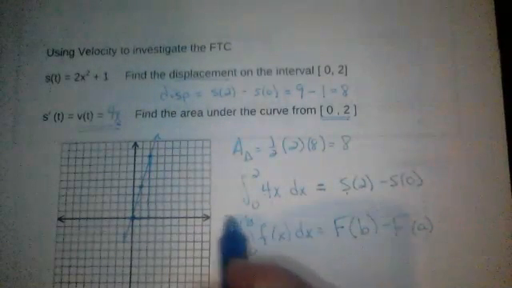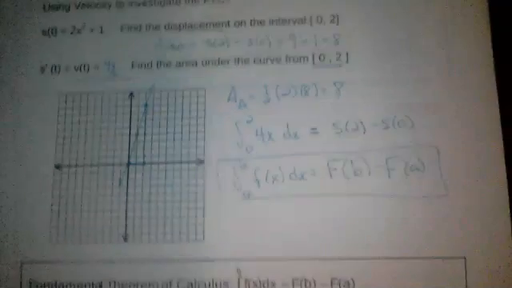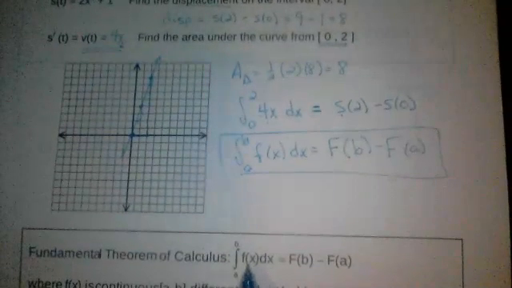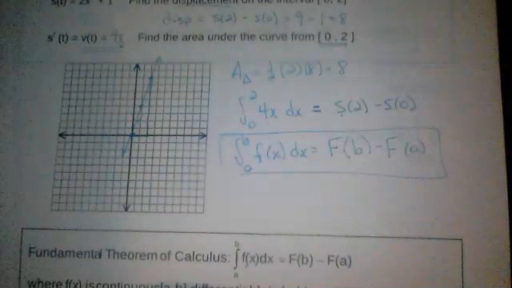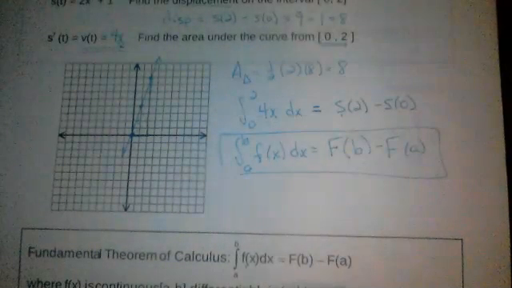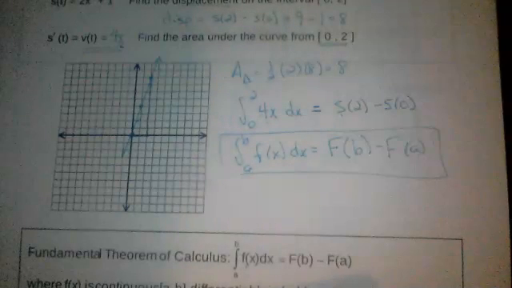So this is our fundamental theorem of calculus. It says that the integral of a function from a to b is f of b minus f of a, always top minus bottom. Now this function that we're talking about inside here has to be continuous on the interval from a to b, including a and b, and we have to be able to take the derivative from a to b.